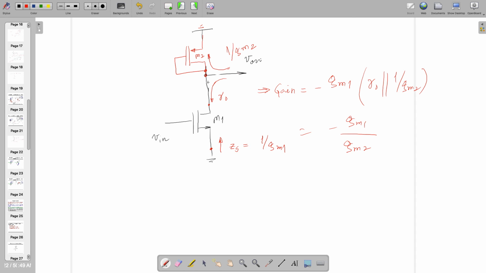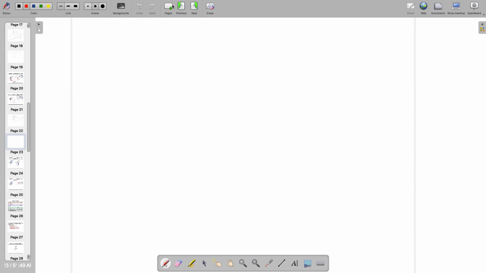In such configuration. Now let's talk about something different. Let's assume that I am connecting this gate to some potential called 1 volt. So now can you tell me the impedance looking from here and the impedance looking from here? I know that gate impedance is always infinity. What is source? 1/gm.